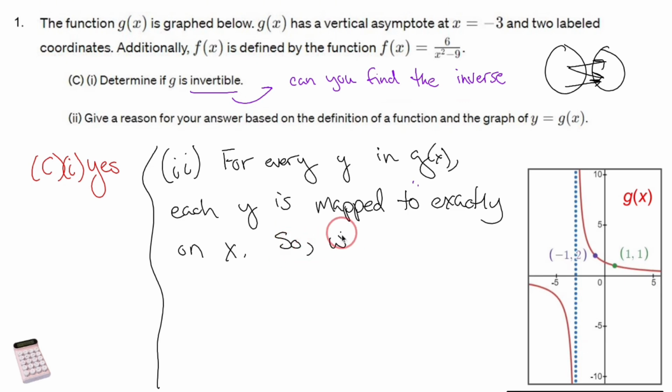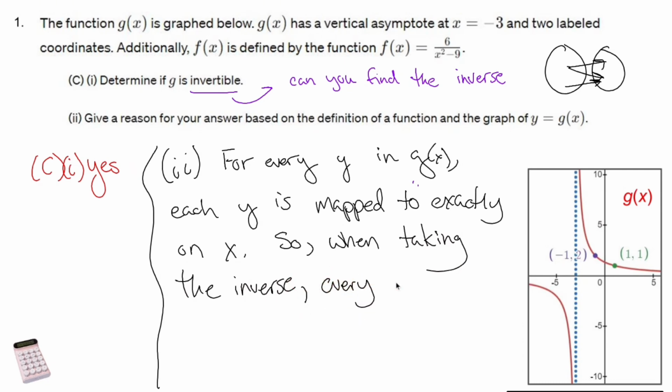So, when taking the inverse, every x in g inverse is mapped to exactly 1 y.